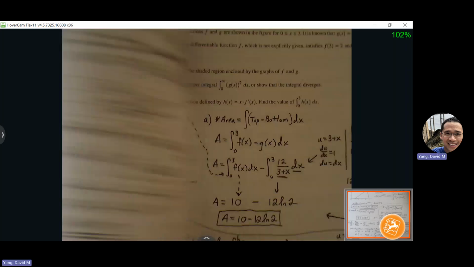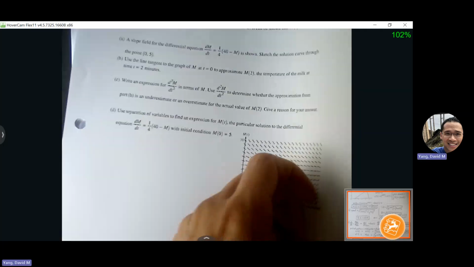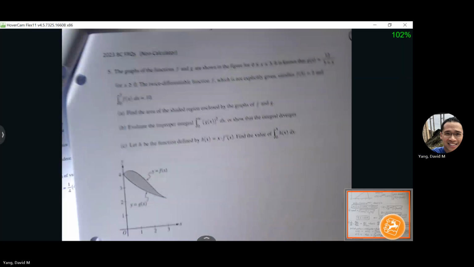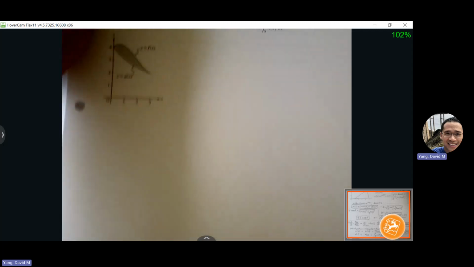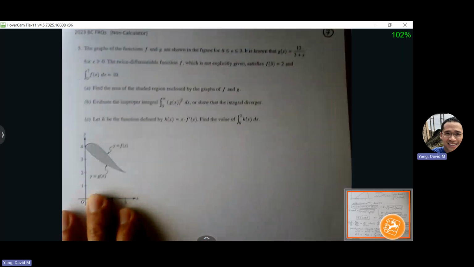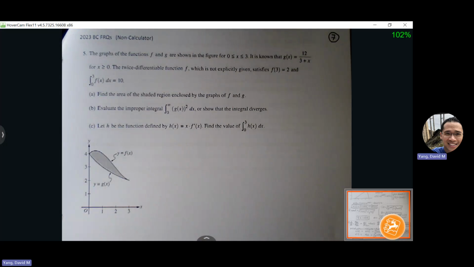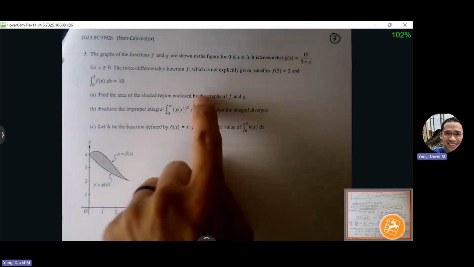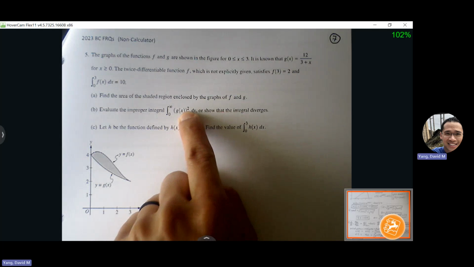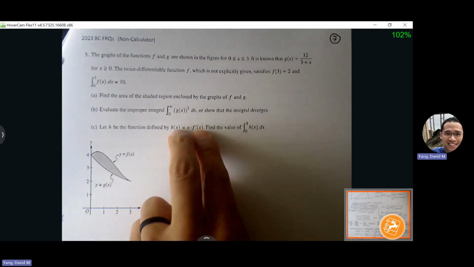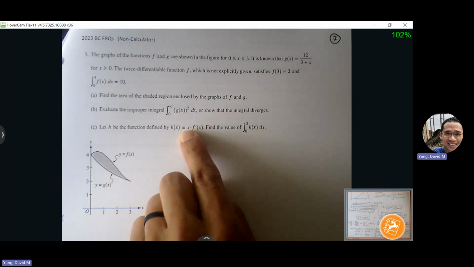Okay, let's see if we can go to page 7. I want to do a BC FRQ here. Part A is not a BC problem, but for part B and C, we've got that BC topic: an improper integral for part B, and for part C there's integration by parts that we have to use.